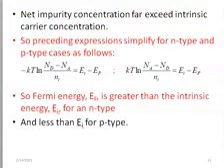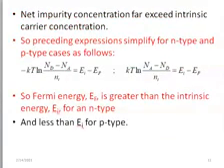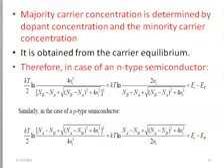We have minus kT ln of Nd minus Na over Ni equal to Ei minus Ef. That is, if we assume this Nd minus Na is much bigger than Ni, so we neglect this one, and finally our equation will be simplified to this. And if you do the same thing for the p-type, this is what you are going to get.